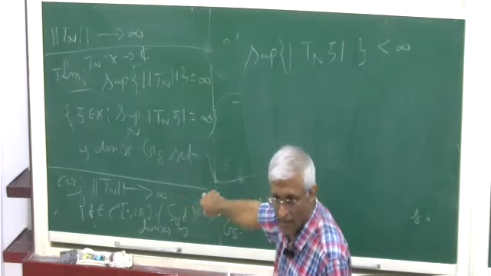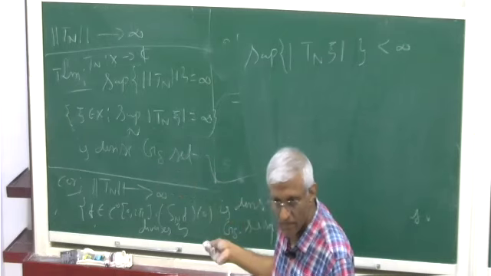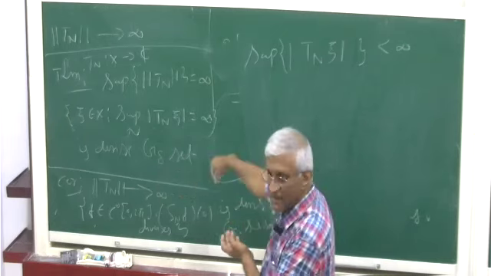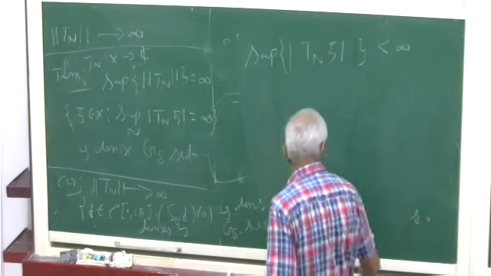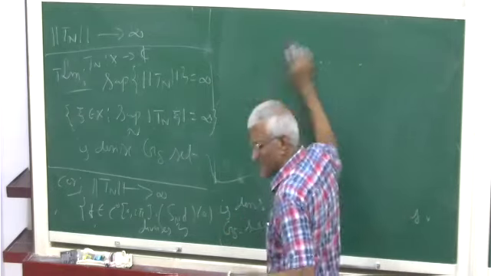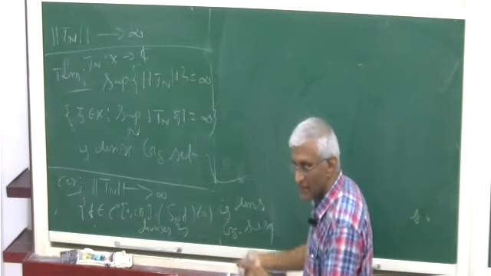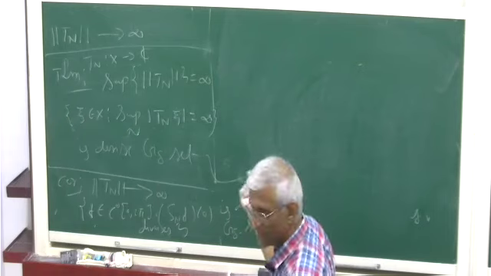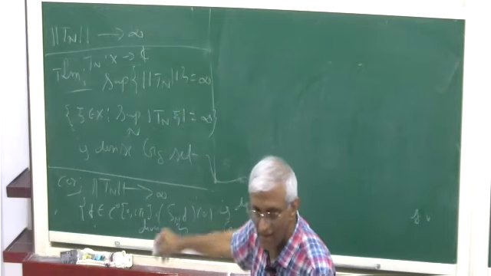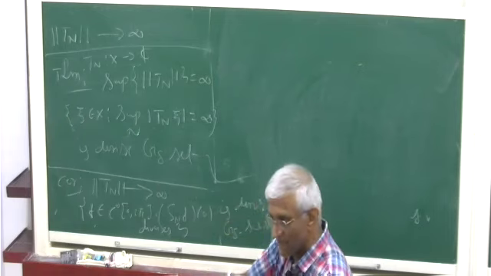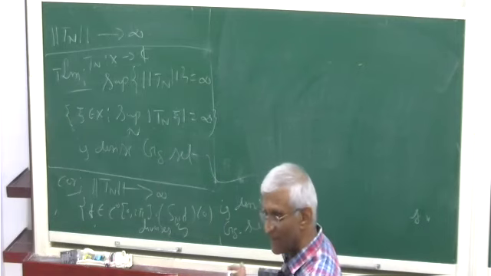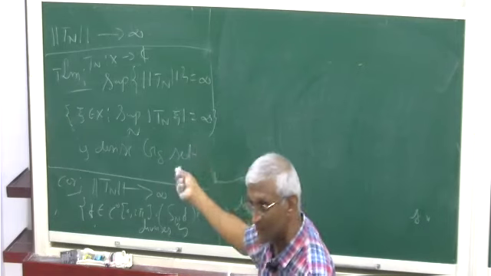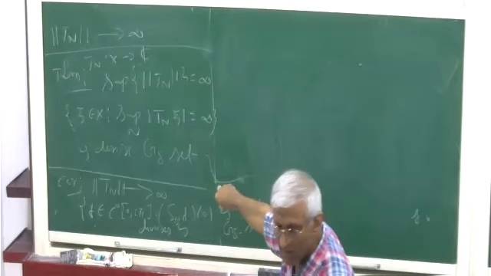This will also follow. It's the same proof. But this is a G delta set because the Baire category theorem says that the intersection is not used completely. If you use it completely, you will get this.